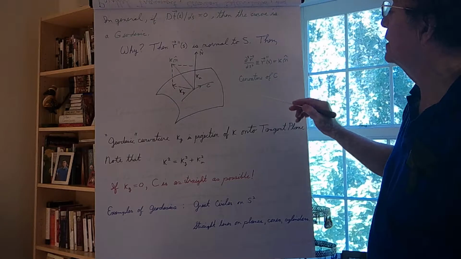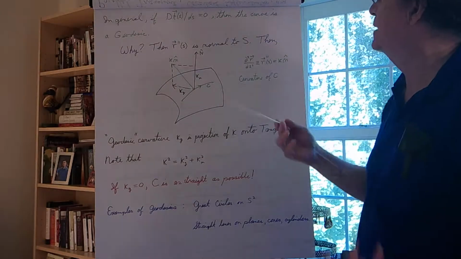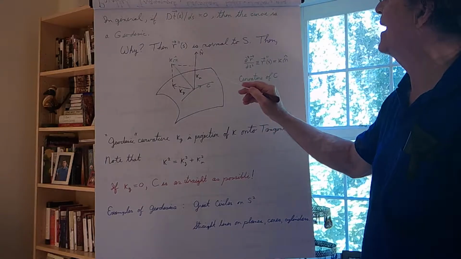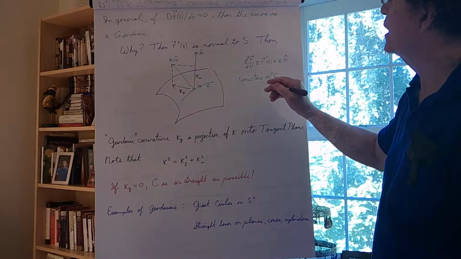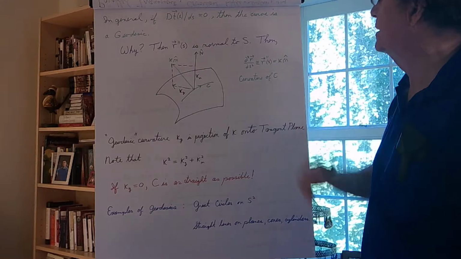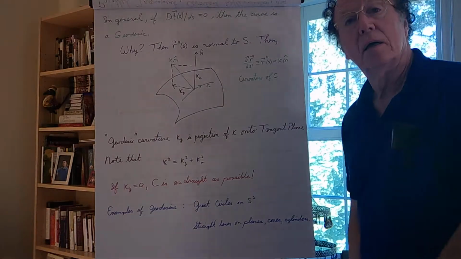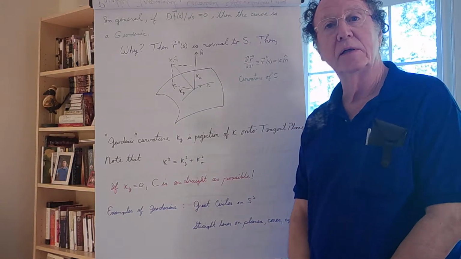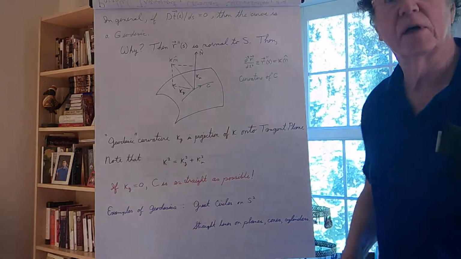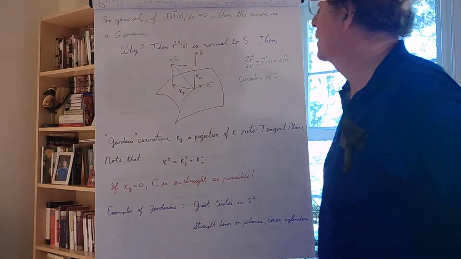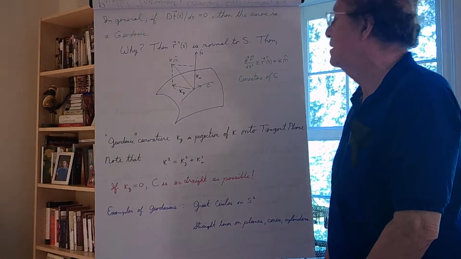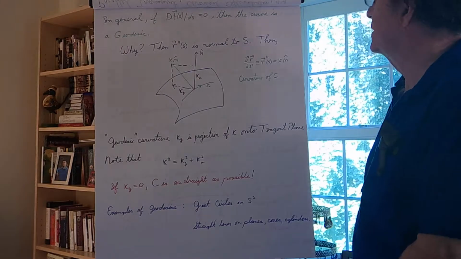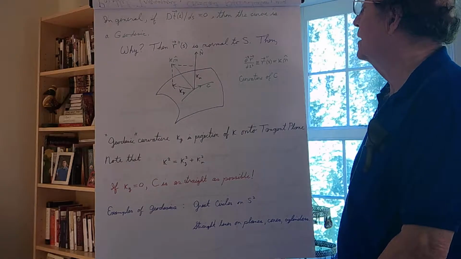The curve is in the surface, but its curvature could point in any direction in R3, and I'm imagining it's pointing like this, kappa little n hat, and that has a projection against the normal and a projection into the tangent plane. The projection into the tangent plane is what we've defined as the geodesic curvature, and the projection of the curvature in the normal direction is kappa n, and we've seen that that's the basis of the second fundamental form, indicating how the surface is embedded into R3.